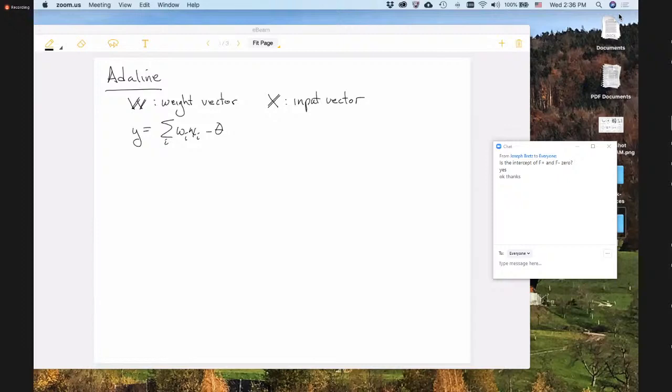So to do that, we're going to let W0 equal theta, which now changes this, and if you like adding instead of subtracting, no big deal. In the process of learning, we will learn the correct sign of that weight.